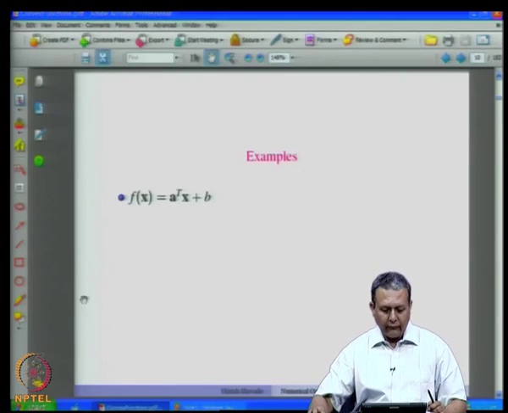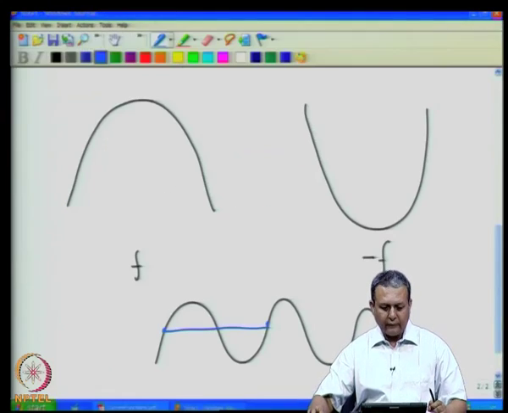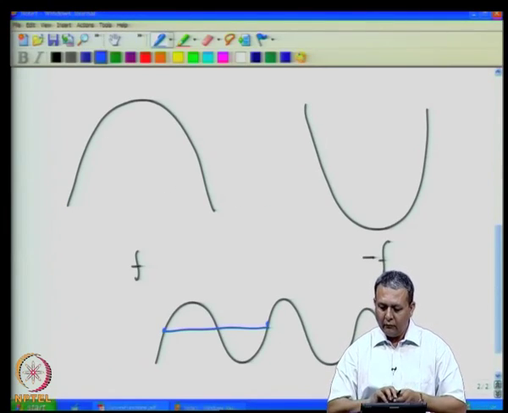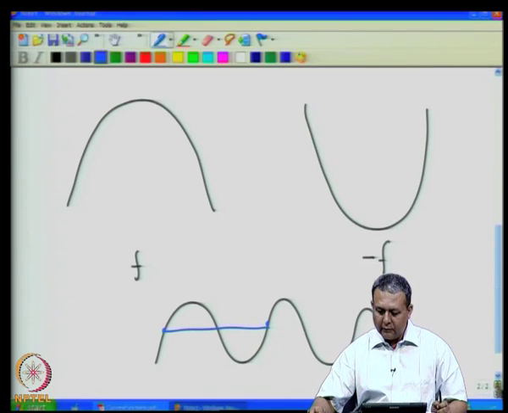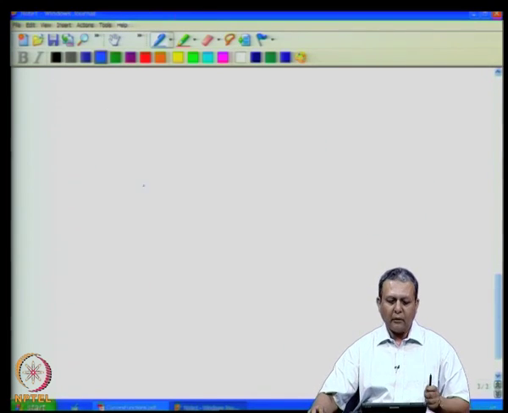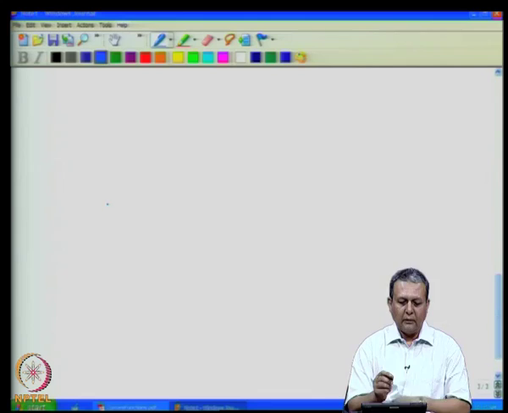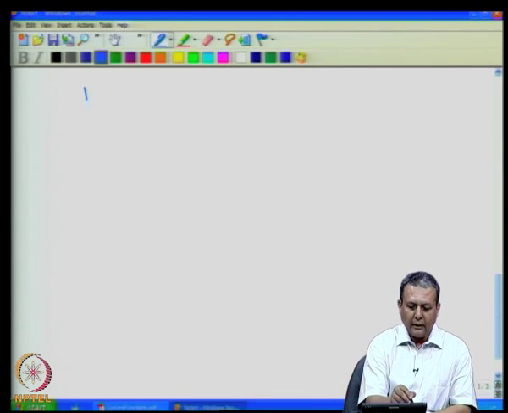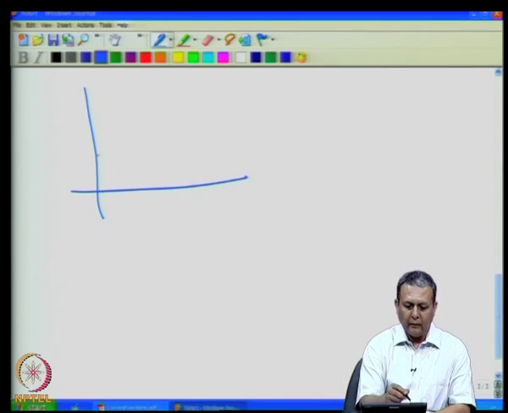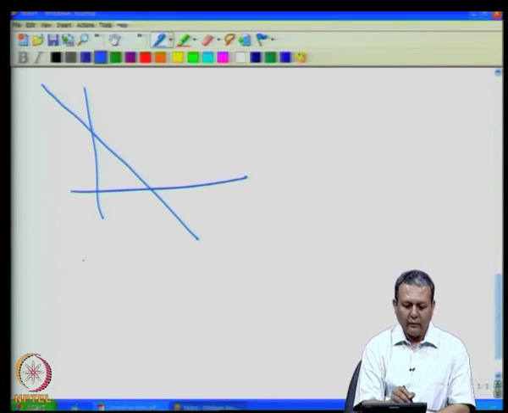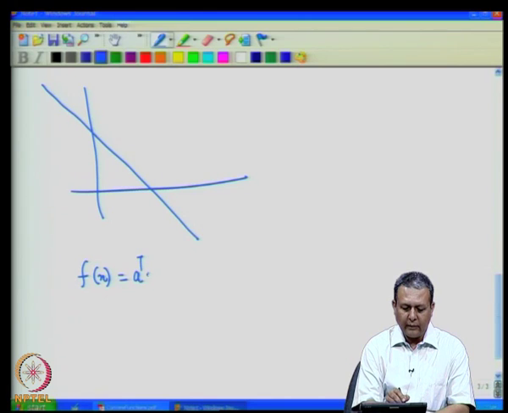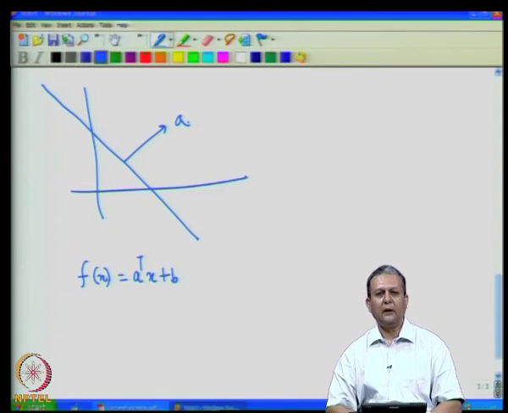If we draw the plot of this function, we have already seen that f(x) equal to a transpose x plus b will be a function like this, where a is a normal to the hyperplane. So, it is a hyperplane.